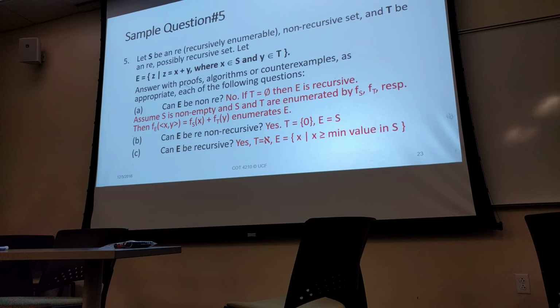I see. So if I give you some property and you want to show me that it cannot be something, then that requires a constructive proof. If you want to show it can be something, it requires an example. If somebody asks you to prove something or disprove it, what do you do to disprove it?